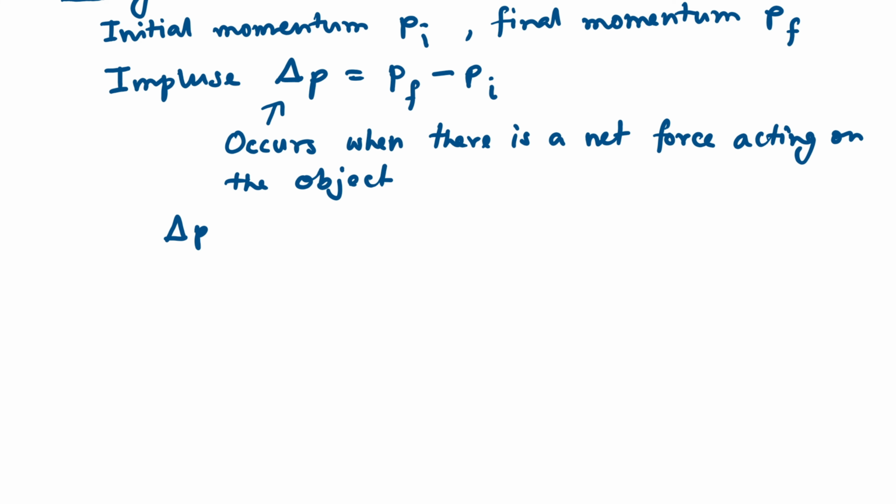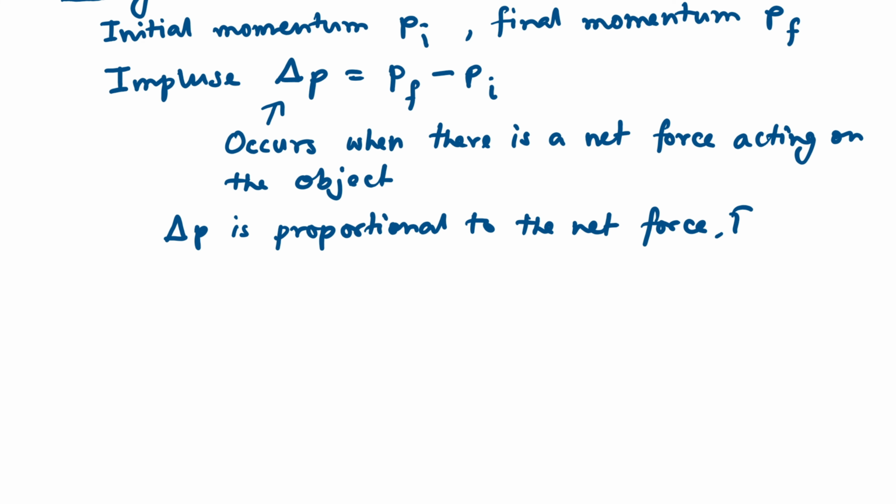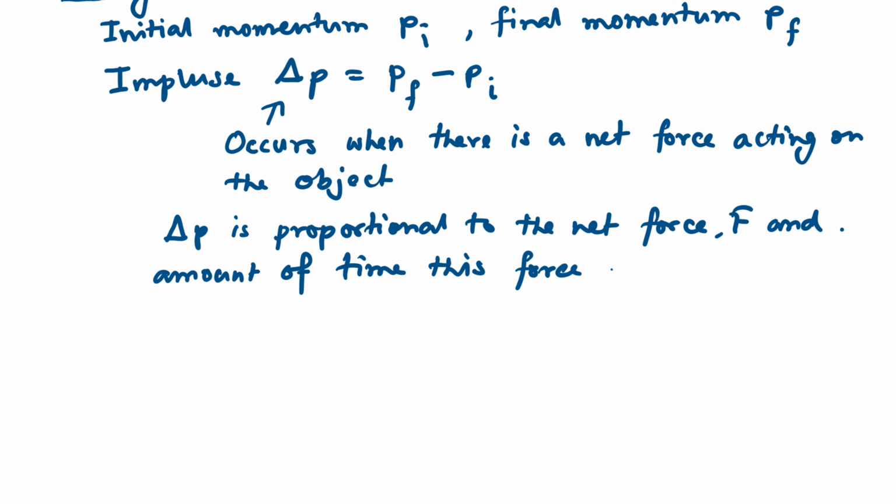But this change in momentum or the impulse is proportional to the net force acting on it, F, and F is the net force, and it also depends on the amount of time the force acts on the object.